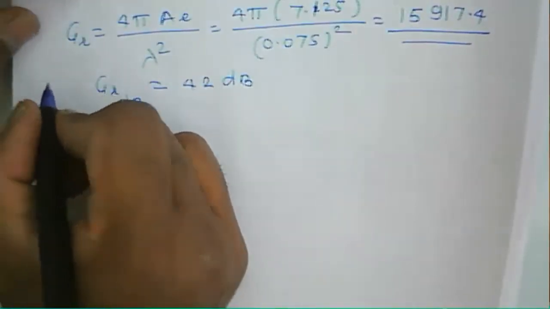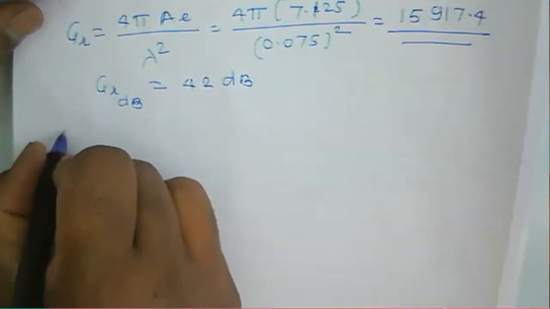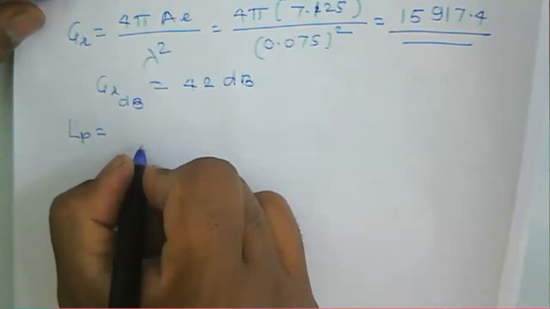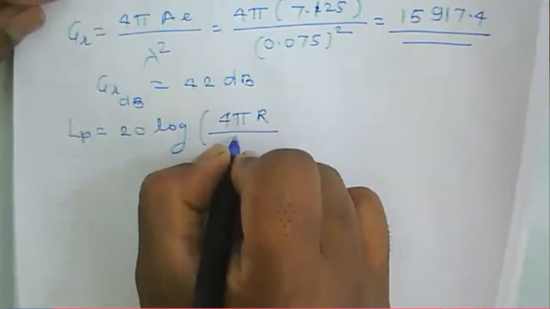Next, calculate the path loss. Path loss LP is equal to 20 log of 4 pi r by lambda.